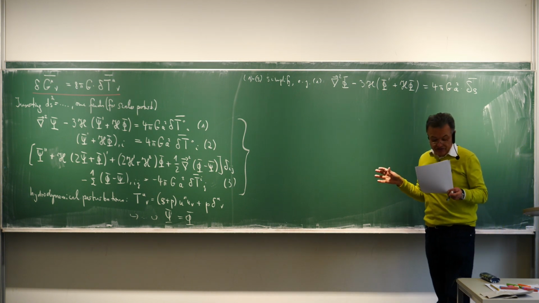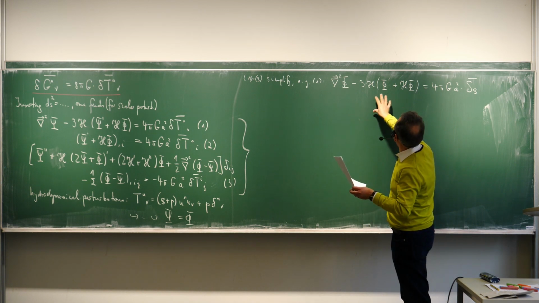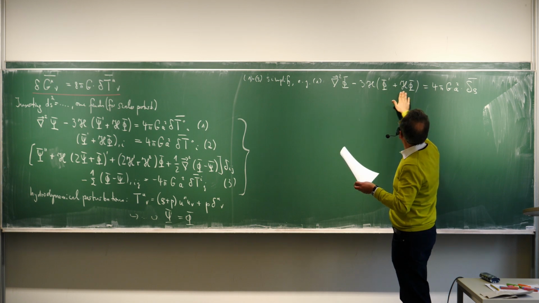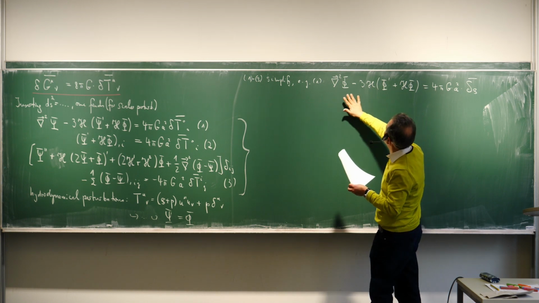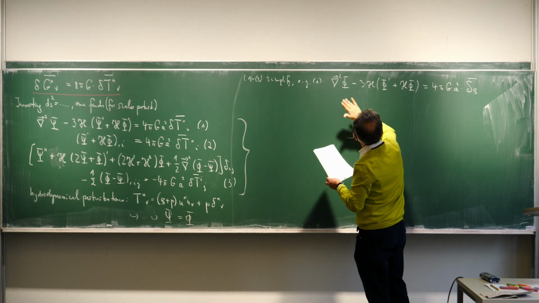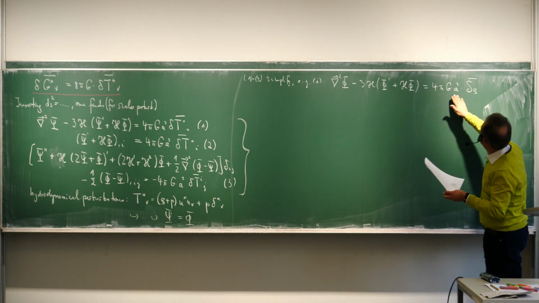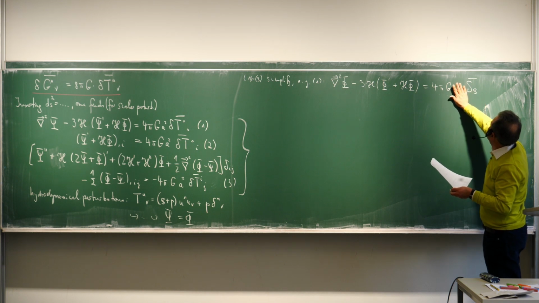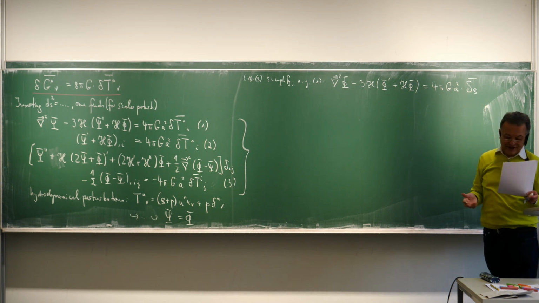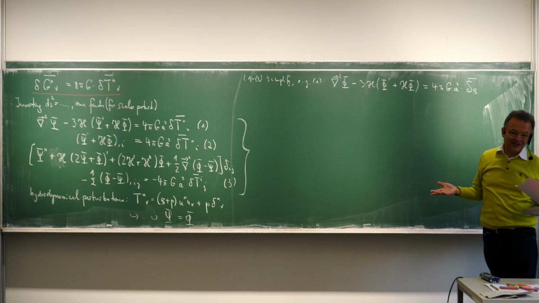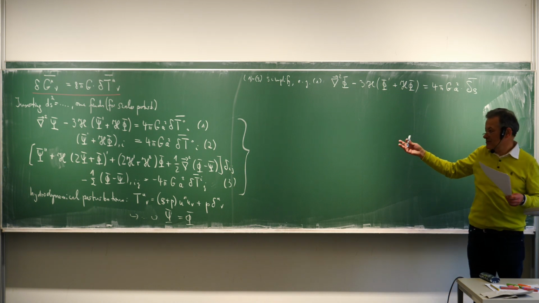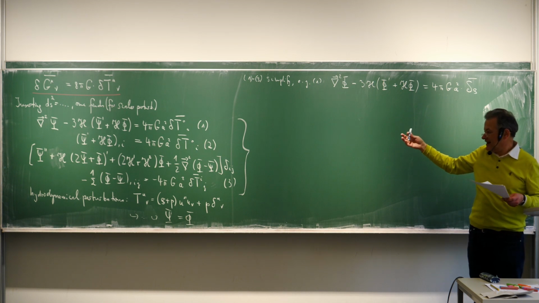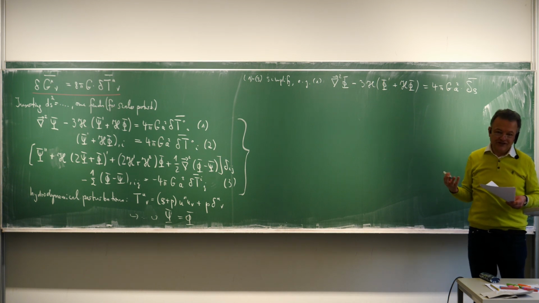So you see here that for a static universe, if you had one, this term would be 0 because H would be 0. There would be no expansion. So for a static universe, you would just have Laplace Phi is 4 pi G a squared delta rho. Of course, this a would be constant. So you are back to Poisson's equation for the Newtonian potential. So you see how these complicated things in general relativity are related to the old Newtonian limit.